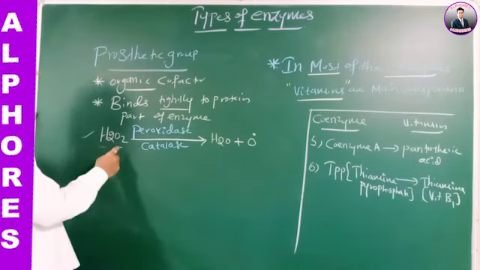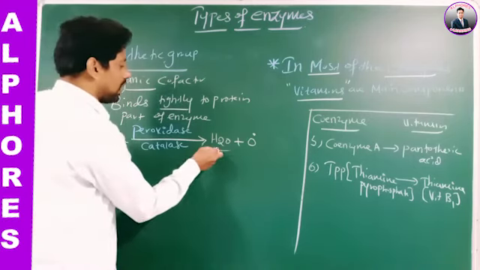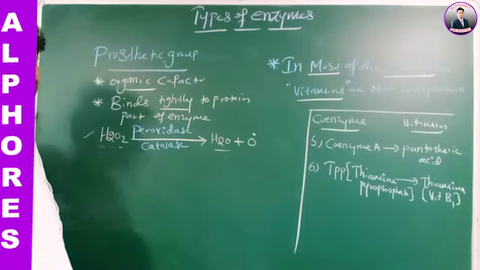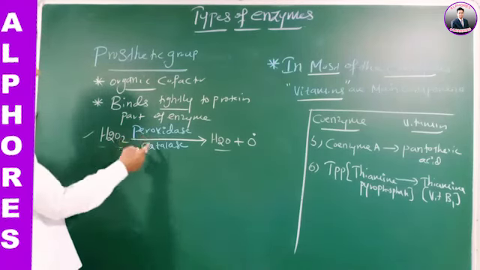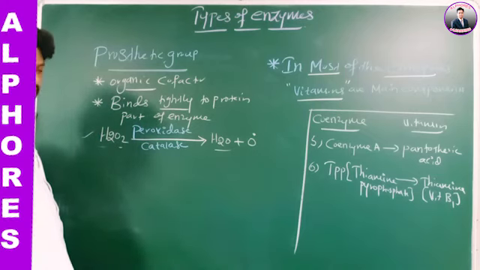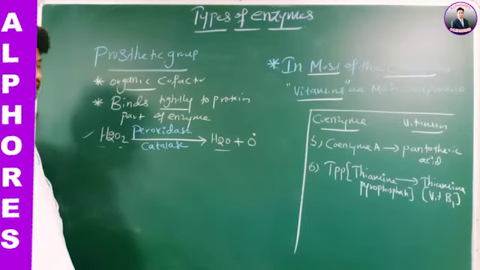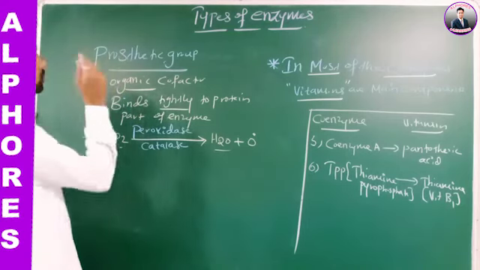It is broken into water and nascent oxygen with the help of peroxidase and catalase enzymes. For the peroxidase enzyme, the heme group acts as a prosthetic group.